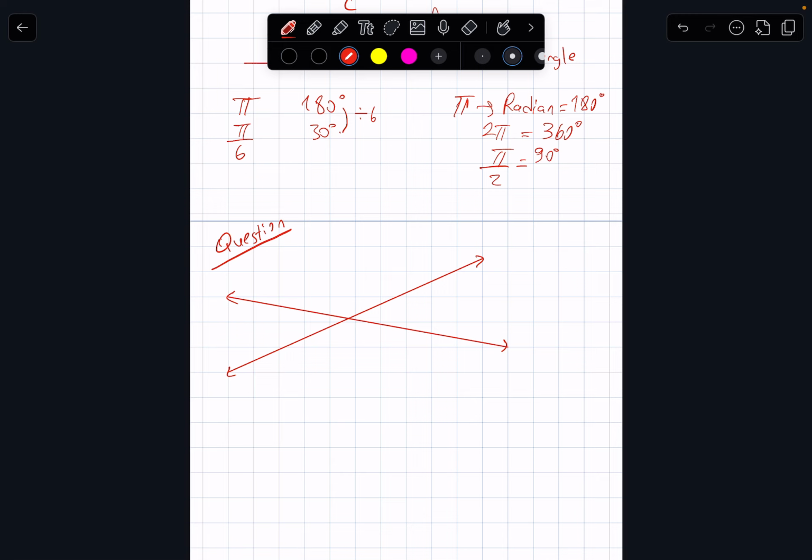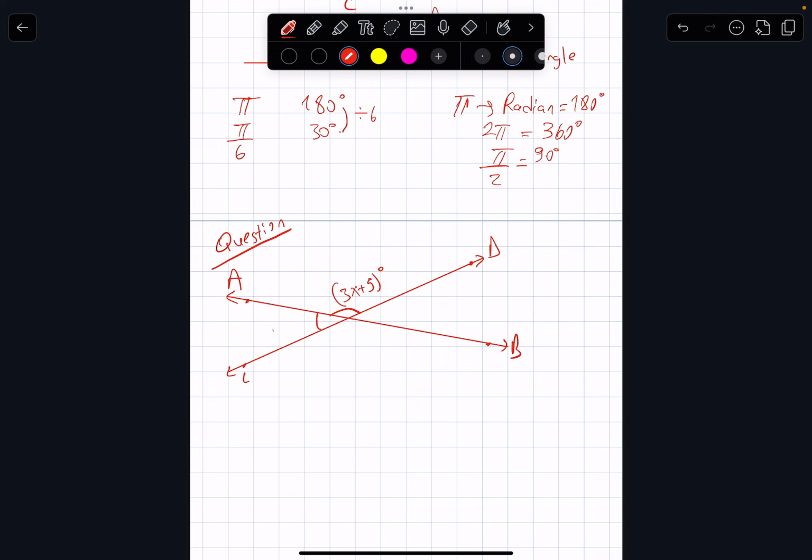So yeah, that's that. Okay, let's say this is point A, B, and these are points C, D, and this is a point. We have 4 points like that. Now let's talk about the angles. This angle, let's call it 3x plus 5 degrees.